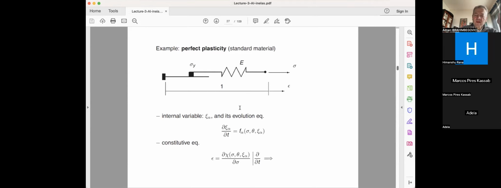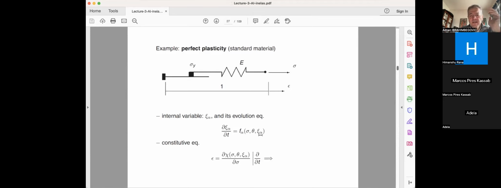So basically, when you have perfect plasticity, the material is characterized by Young's modulus and yield stress, only two coefficients. And you have stress which can go up to sigma y, and then it starts sliding without resistance. This sliding without resistance is called plastic deformation. And basically, you need an evolution equation for plastic deformation as a function of sigma, temperature if you have it, and the internal variable, which is plastic deformation itself.